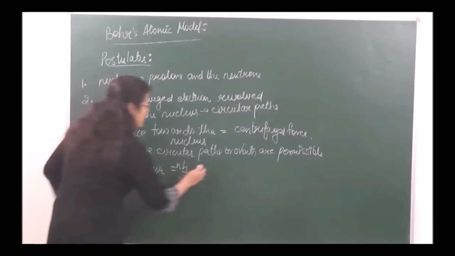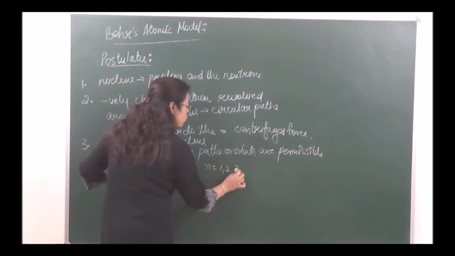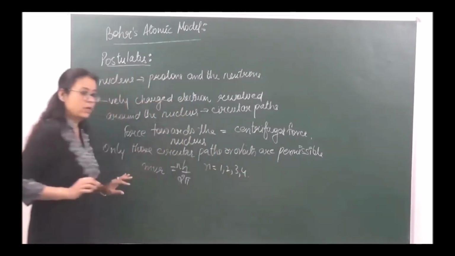So n over here is going to be an integer. It can be 1, 2, 3, 4 and so on.